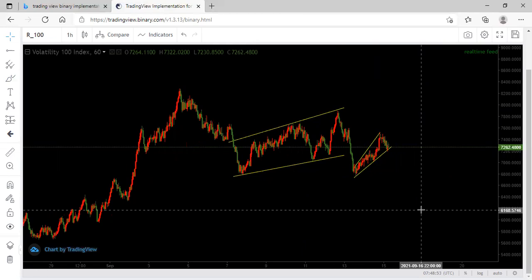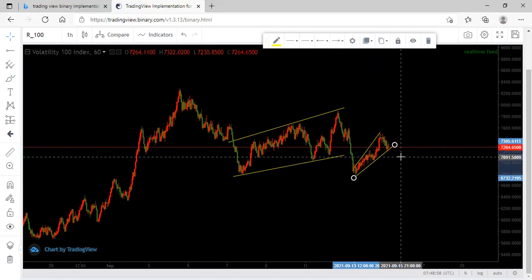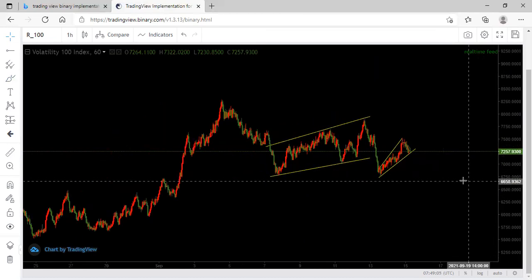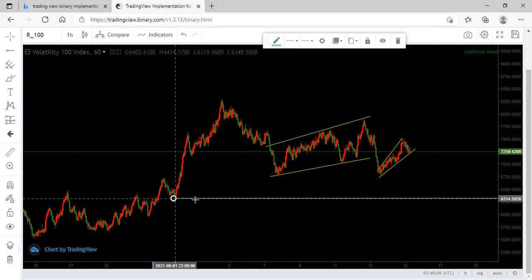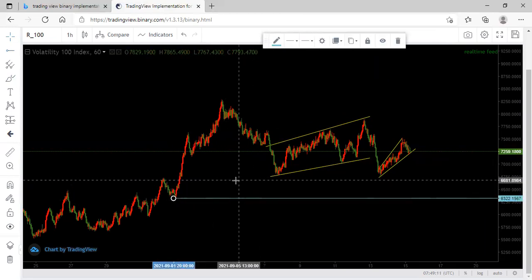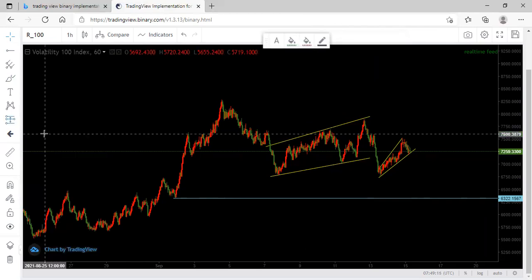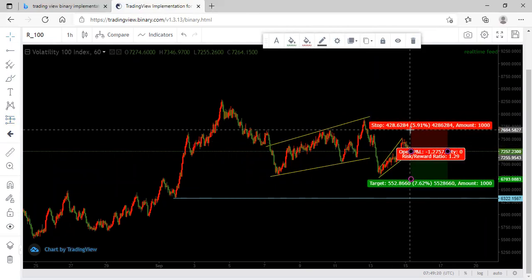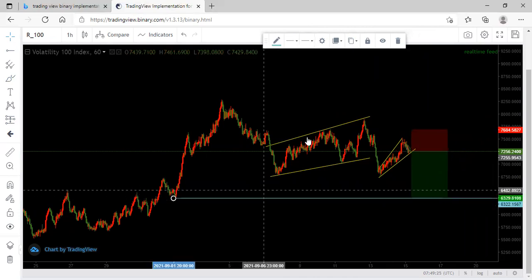Here we are expecting this price to break to the downside. Now we are going to measure our take profit point here. Our take profit will be around this level. Then we are going to take our position here, a short position. I shall take it around here. Our stop loss will be there. Then our take profit will be here.